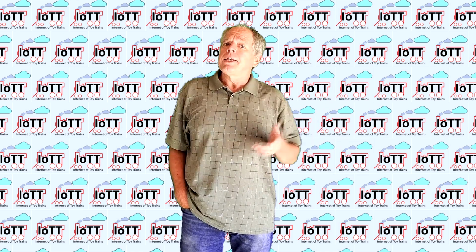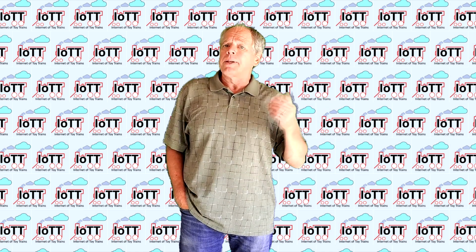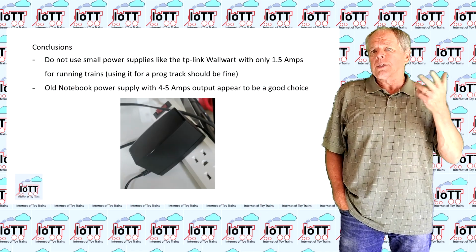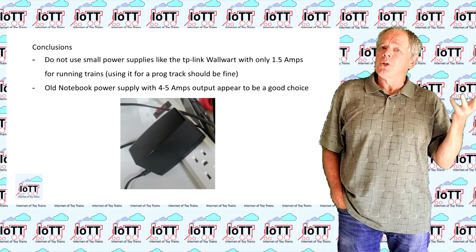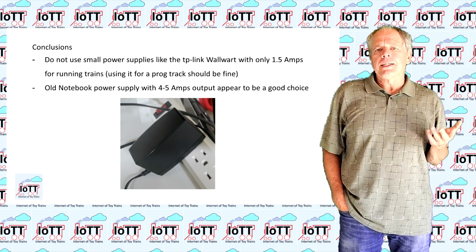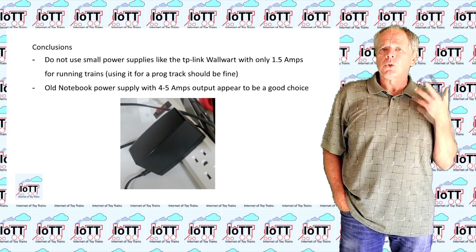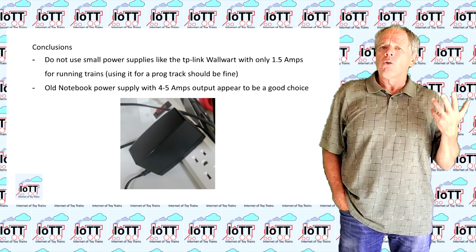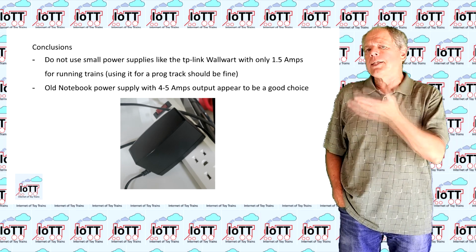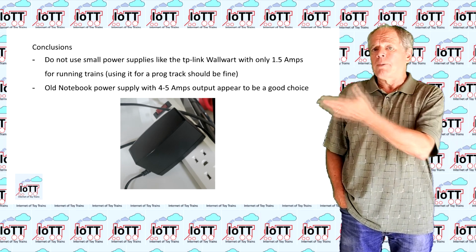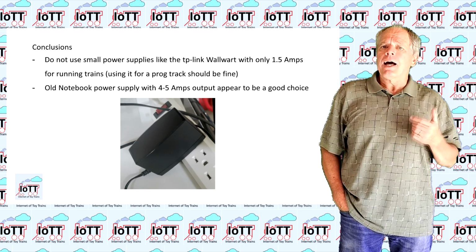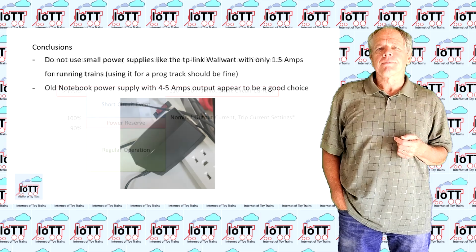So what are the insights, conclusions and recommendations from this test? Well, using small power supplies with less than say 3 amps nominal output is not really recommended. The main reason is that for these small devices, the short circuit peak current is overproportionally high compared to the nominal output, and the risk that they shut down before the command station does is significantly higher than with the higher output DC supplies.